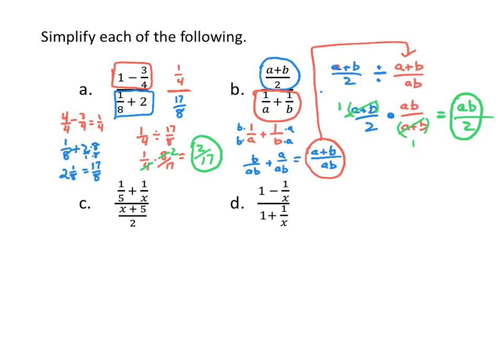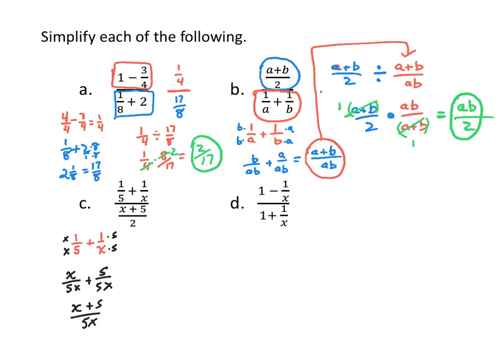Okay? Numerator: 1 over 5 plus 1 over x. Common denominator, multiply by x, multiply by 5. So now I have x over 5x plus 5 over 5x, which is x plus 5 over 5x.